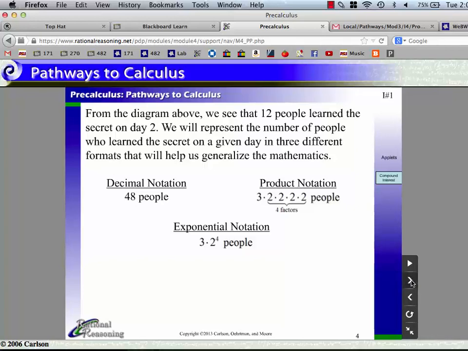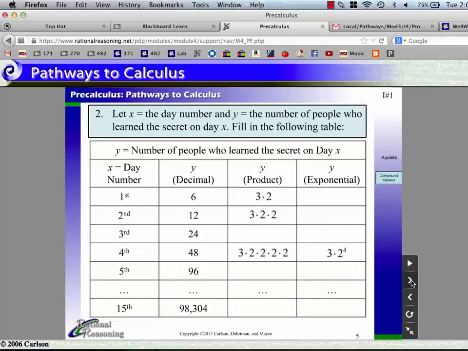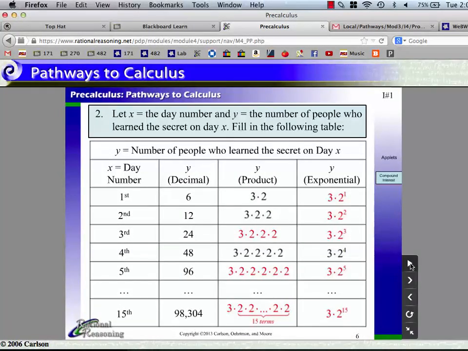Okay, so here's the table. You check to see if you were correct.